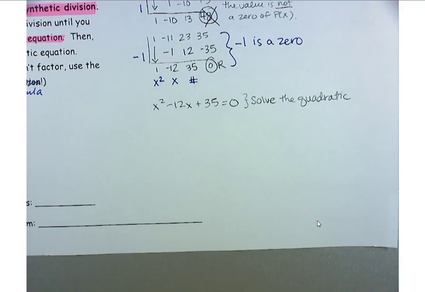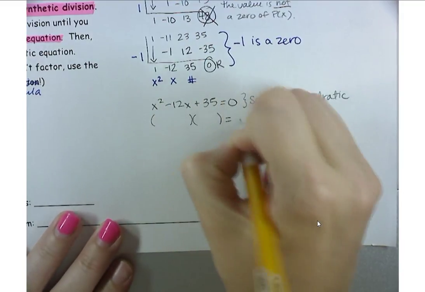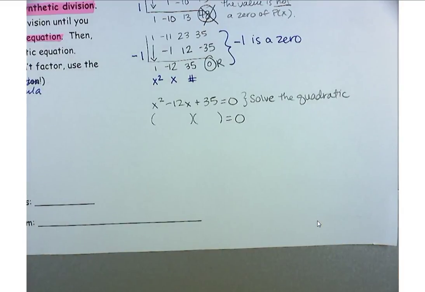So if it's factorable like you want me to factor, okay, so Sydney, what did you find, George, that multiplied to 35 but added to negative 12? 7.